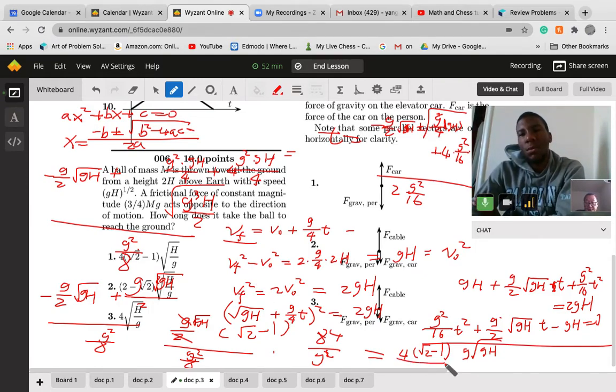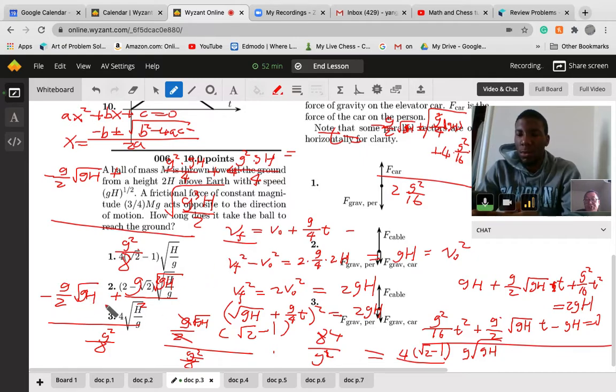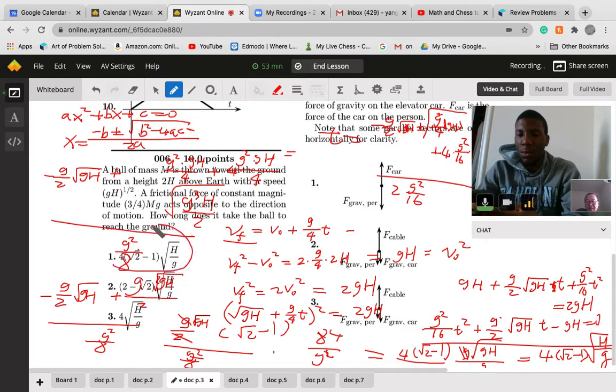Let's say this one, okay, this one, g squared, yeah, g squared. So this one cancels out. This one divided by g, this one divided by g. So the final answer equals 4 times parentheses root 2 minus 1, then times square root of h over g. So the correct answer is 1. Can you check if correct answer is 1?